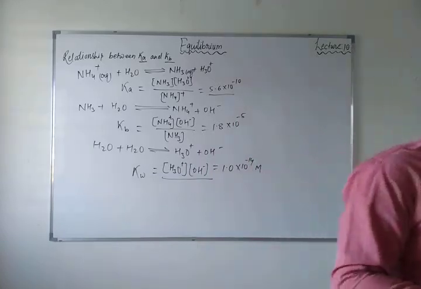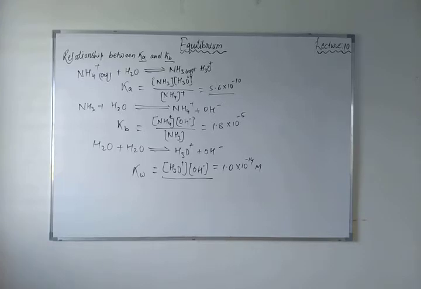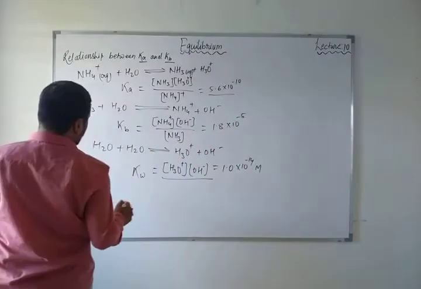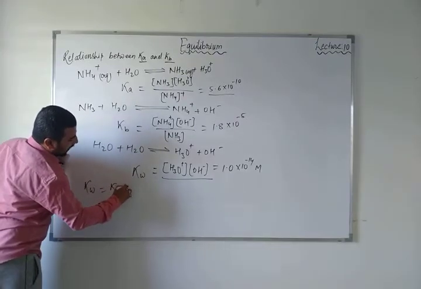Now, as you know the formula, what will be the relationship between the ionization constant of acids and the ionization constant of base, where Ka represents the strength of ammonium plus and Kb represents the strength of ammonia? In this case it's very easy to understand that Kw is equal to Ka into Kb.